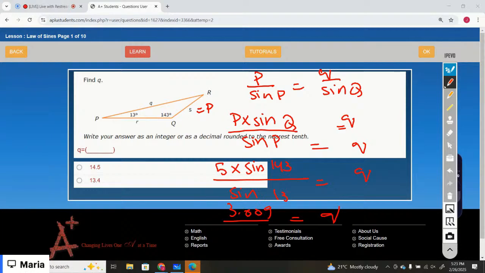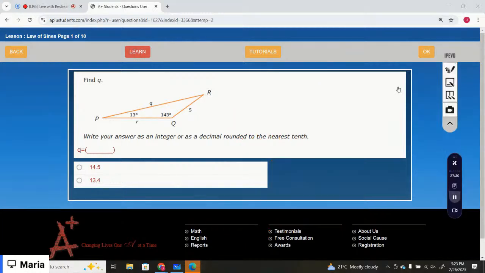Sine 13 is 0.224. So 3.009 divided by 0.224 is 13.4. So the side length Q equals 13.4. Option number 2 is the correct option.